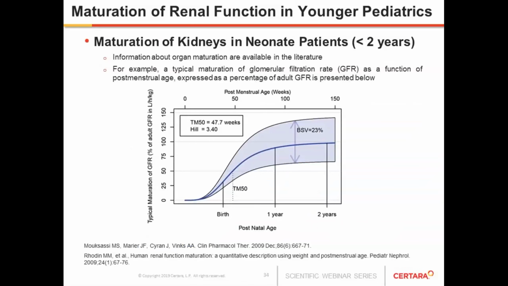In this plot, we can see a typical maturation of glomerular filtration rate as a function of postnatal age, expressed as a percentage of adult GFR, where we see that adult values are reached around the age of 2 years. At the age of 1 year, pediatrics have approximately 90% of the adult values.